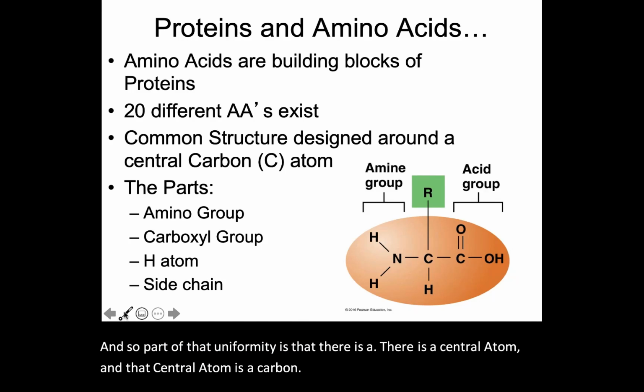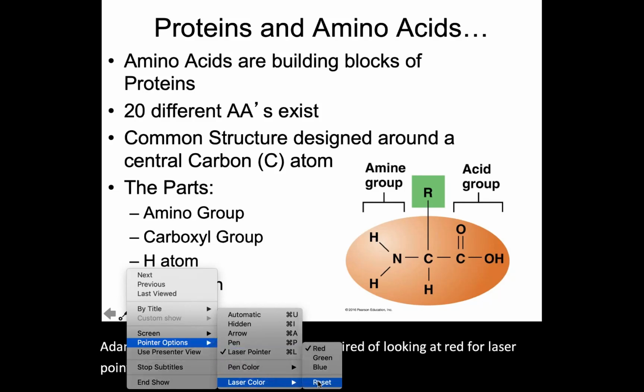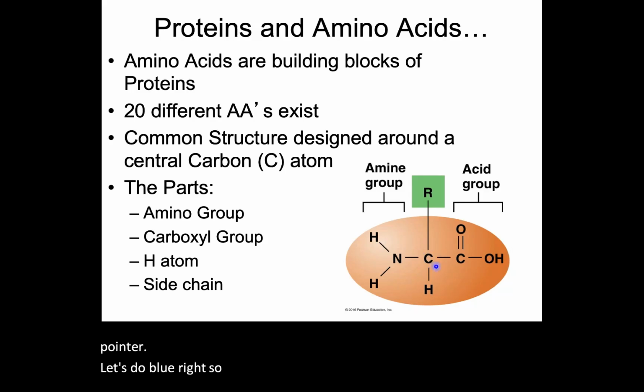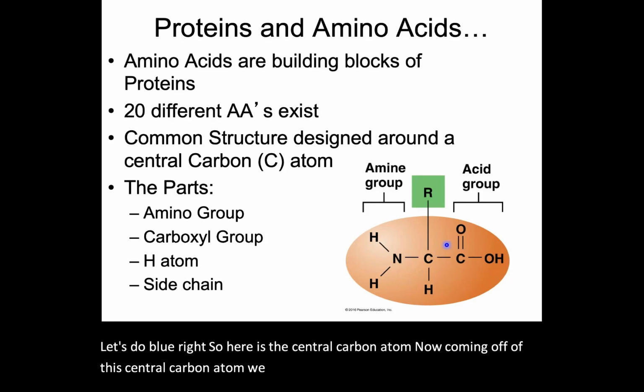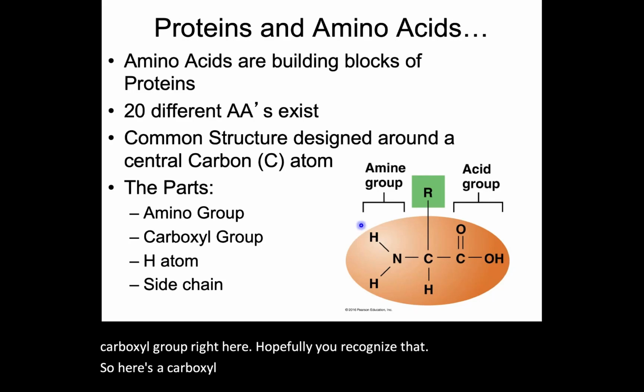I don't know about you, but I get tired of looking at red for a laser pointer. Let's do blue. So here is the central carbon atom. Now, coming off of this central carbon atom, we have two functional groups. We have a carboxyl group right here. Hopefully you recognize that. Here is an amino group. Hopefully you recognize that.